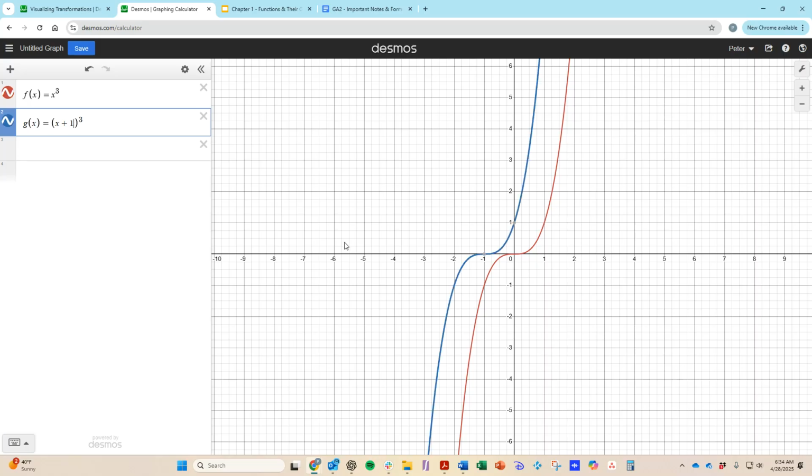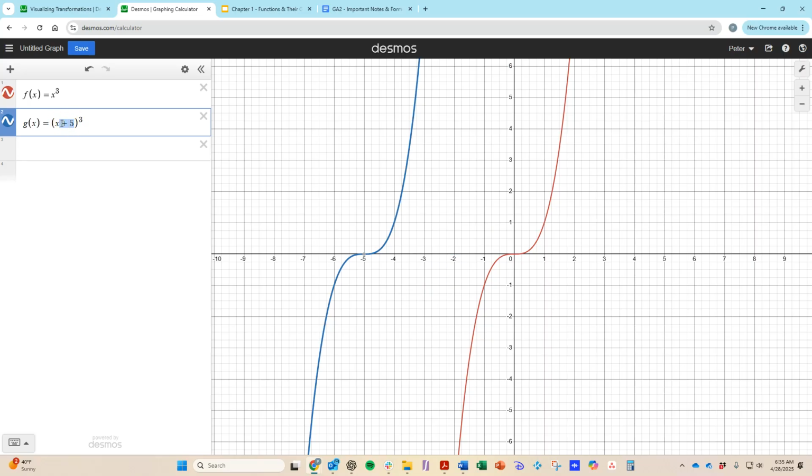If I add 1, you would maybe think it would go right, but it's actually going to go left. That's one thing about the inside: whatever happens inside is backwards of what you might think. If I add 2, it's going to go left 2. If I add 5, it's going to go left 5, and so forth.